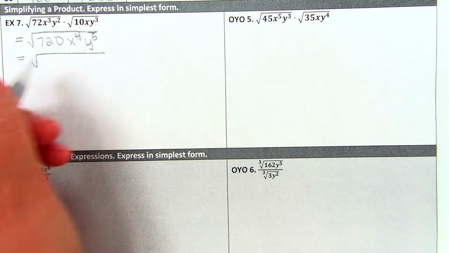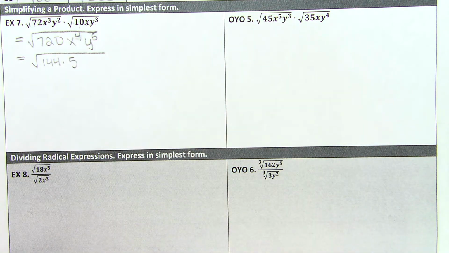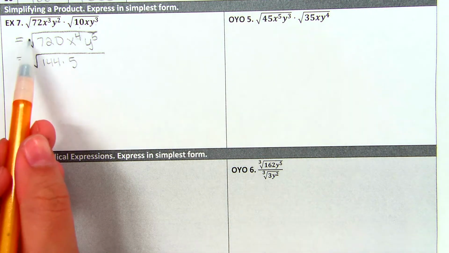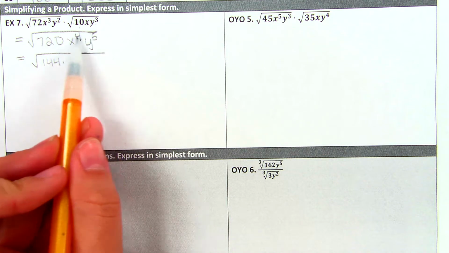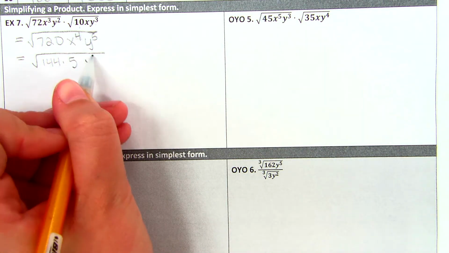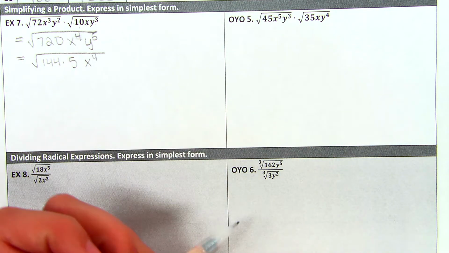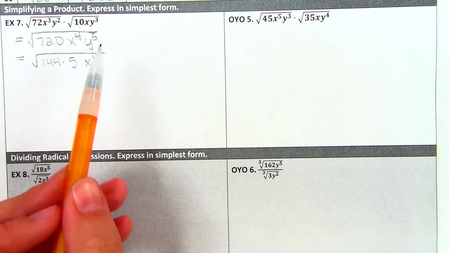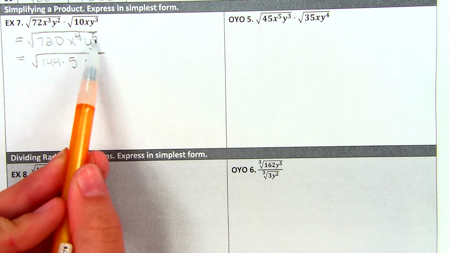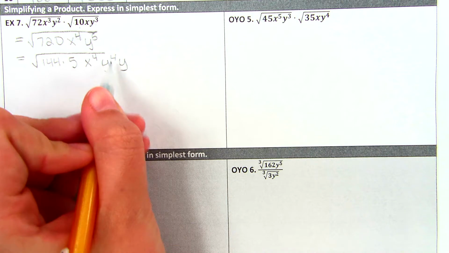So that is going to be 144 times 5. Now, since it's a square root, we're thinking of multiples of 2 here. X to the 4th, 4 is a multiple of 2, so we can leave it as it is. For y to the 5th, we want to think of the largest multiple of 2 less than 5. So that's y to the 4th, and we have 1 y left.